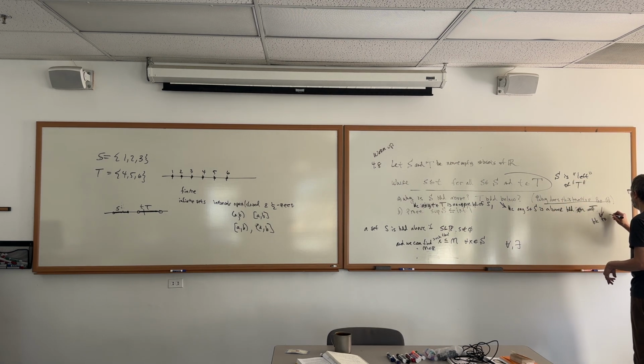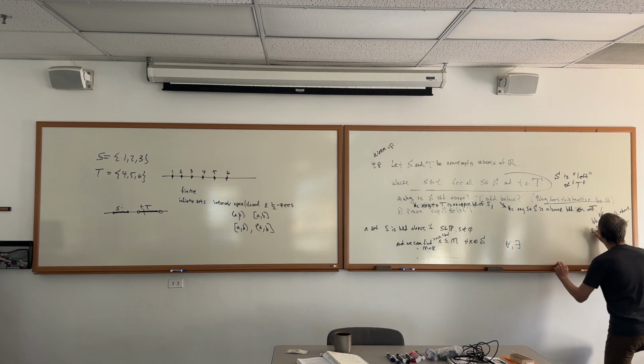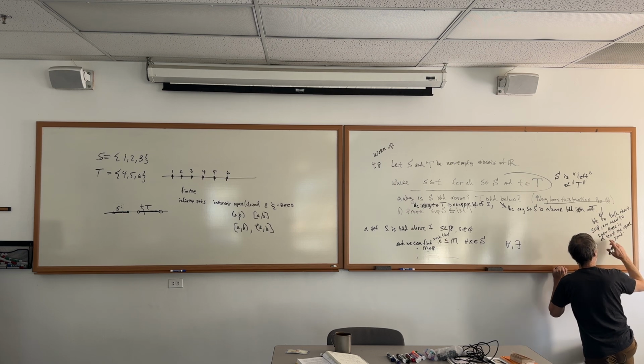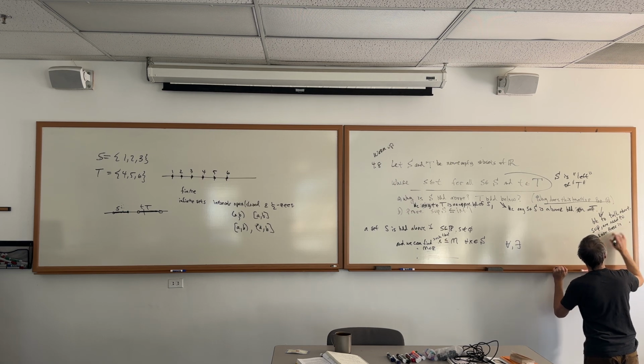So the question they didn't ask, but I asked, is why does this matter? Because to talk about sup, we need to know there is at least one upper bound. I shouldn't have said at least, because we're going to find the least upper bound. There is some upper bound.